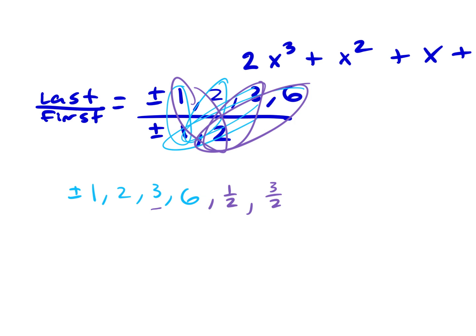So do the whole numbers and save the fractions for last, because you may just end up factoring with it. This one I totally made up the question, so I don't know if any of these actually work, but I think there's one in the homework where fractions are a possibility. But try the whole numbers. If none of the whole numbers work, then you have to do synthetic division with fractions. But it's just adding and multiplying with fractions, and I know that you guys know how to do that, right? We love fractions.